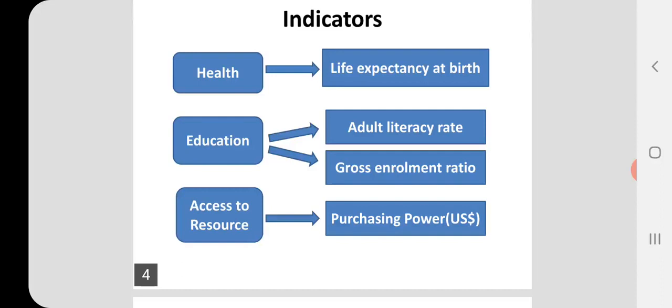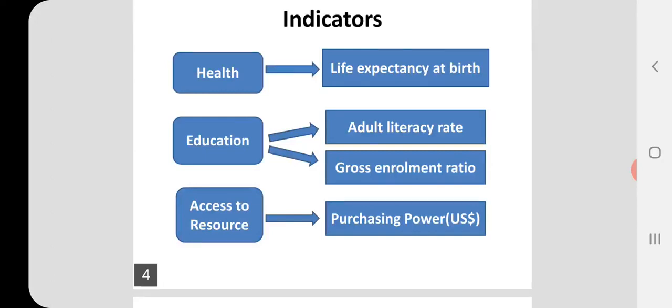So education is measured by adult literacy rate. That means how much of the adult population in a country is literate. That indicates the educational system and educational facility of that particular country. And next is the gross enrollment ratio.